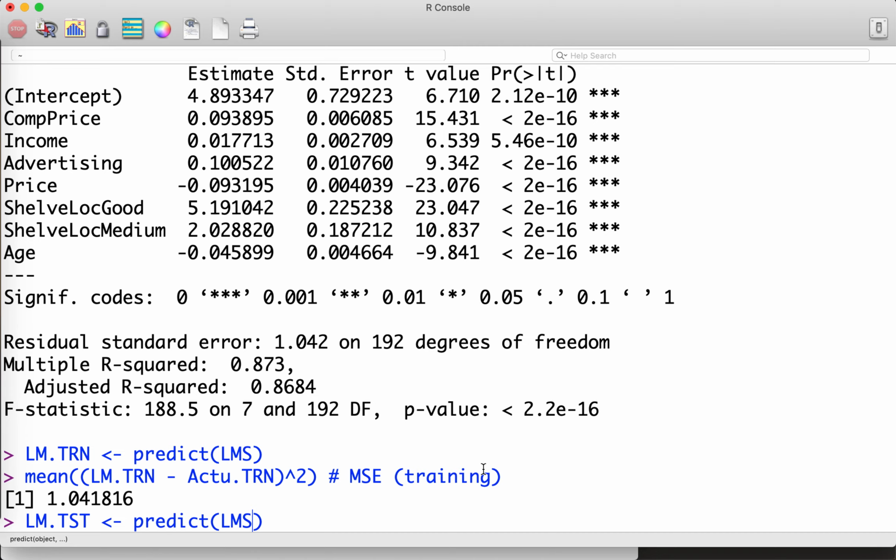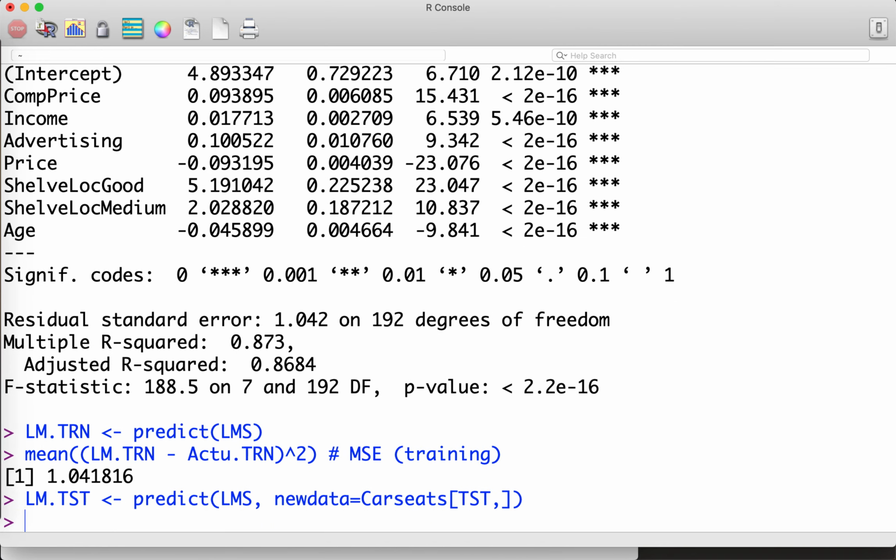So test is, again, the predict LMS, the stepwise, the regression model by stepwise AIC, but we use the new data, the test data, so car seats of test.